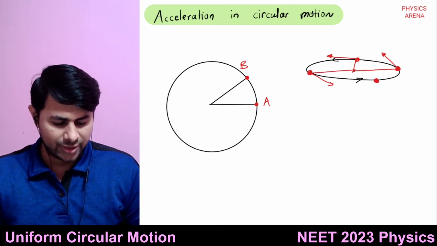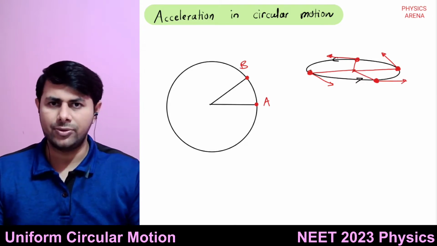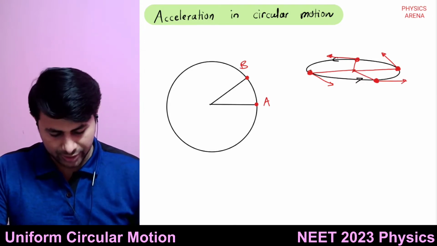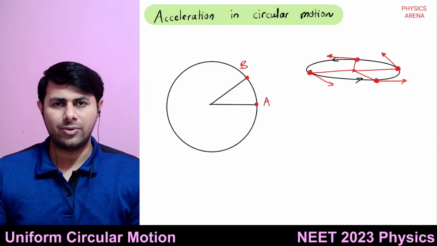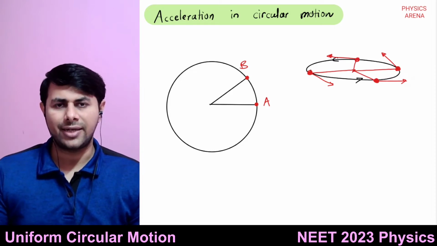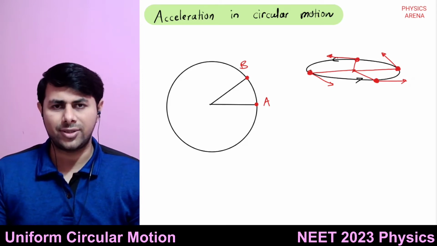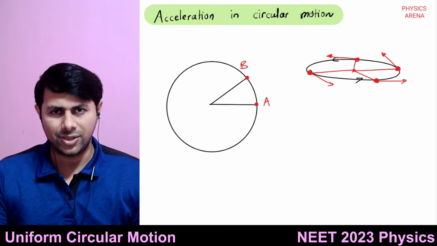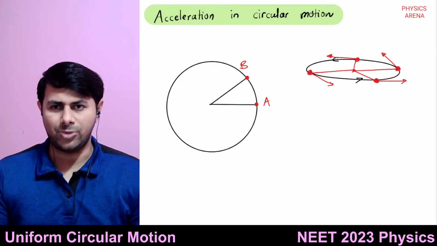And if you release it over here, it will move in the tangential direction to this point. So what is the direction of linear velocity in circular motion? It is always tangential to the path. Instantaneous linear velocity is always tangential to the path of the object in circular motion.